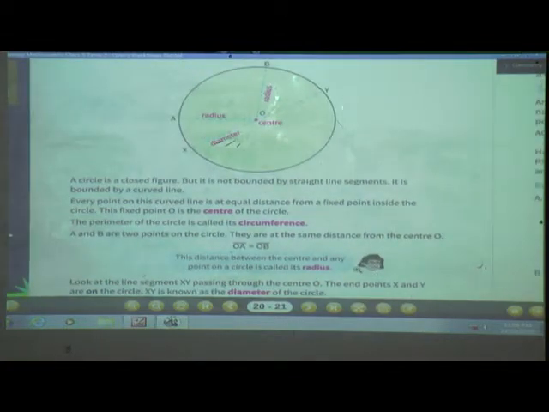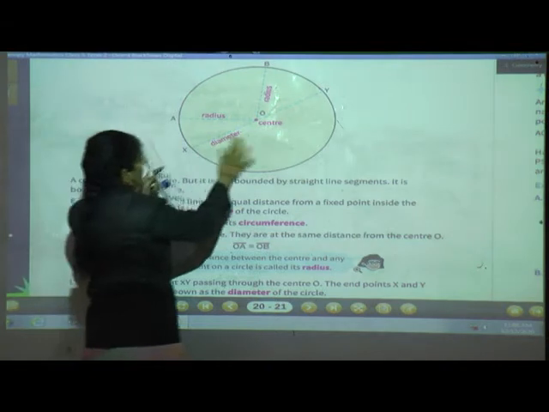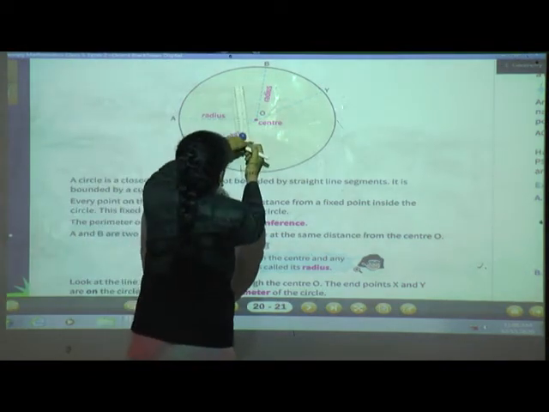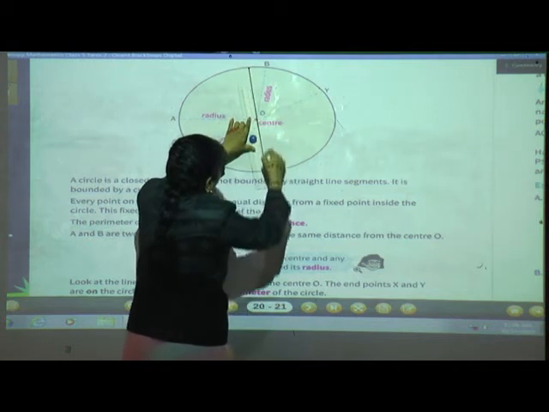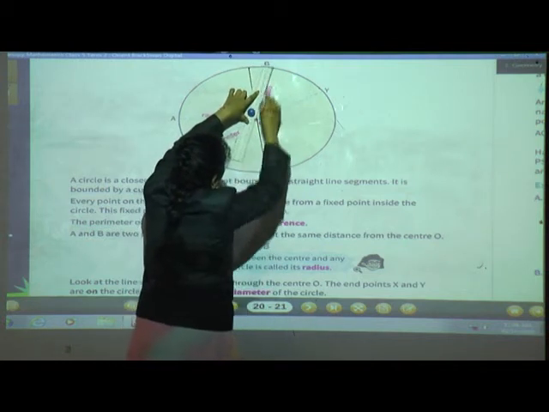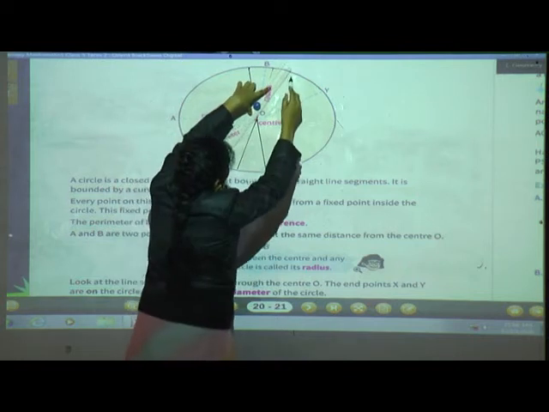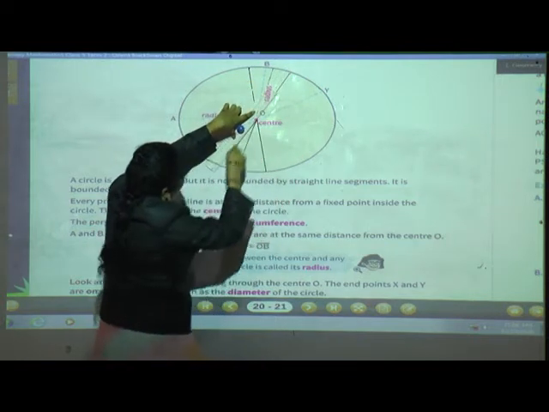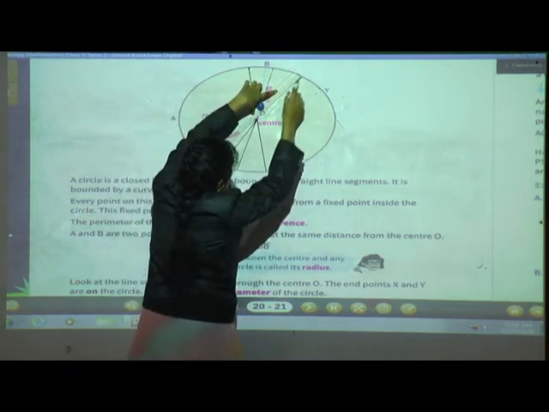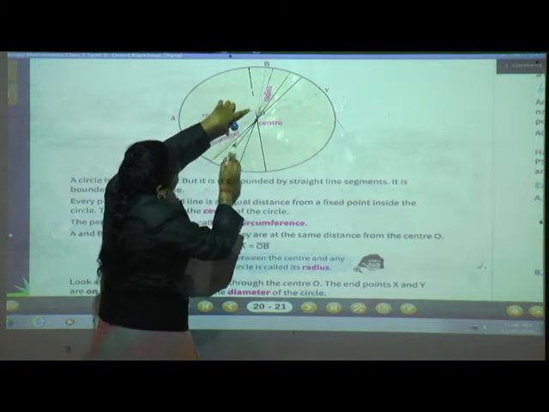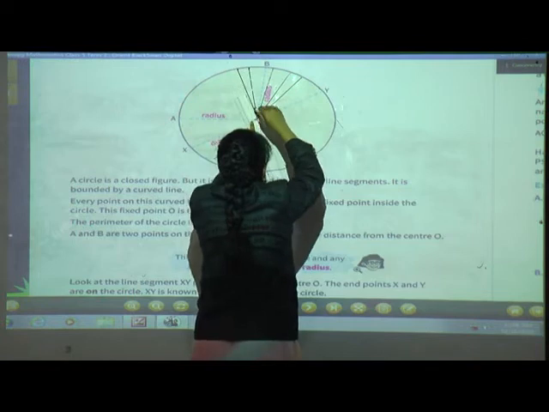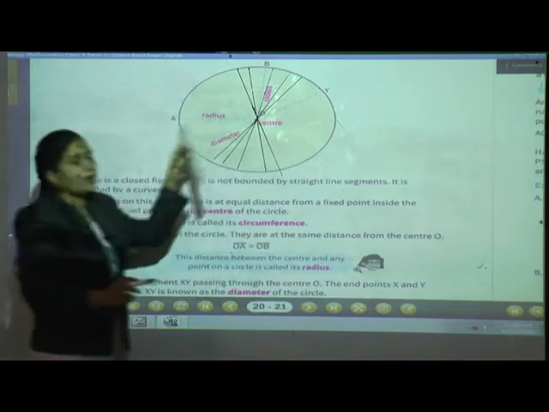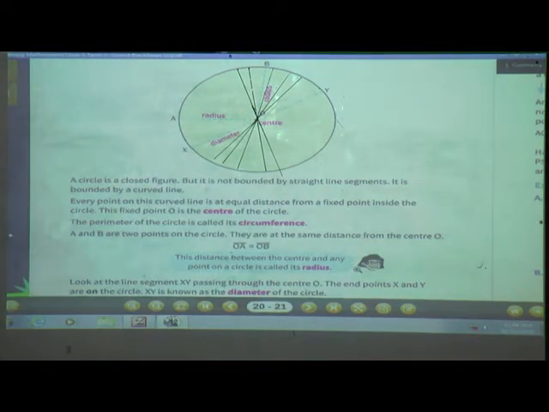See, I can draw. The segment is passing through the center O, so that's why it is a diameter, like this. You can draw so many diameters.